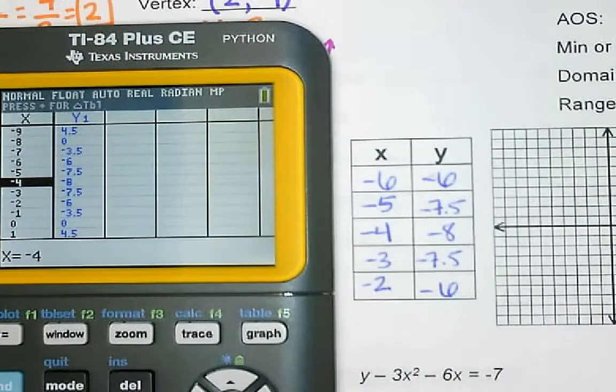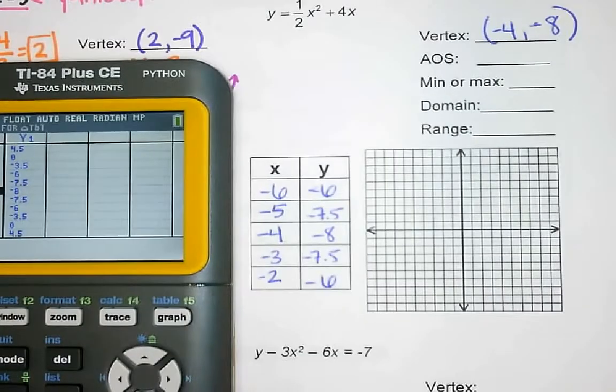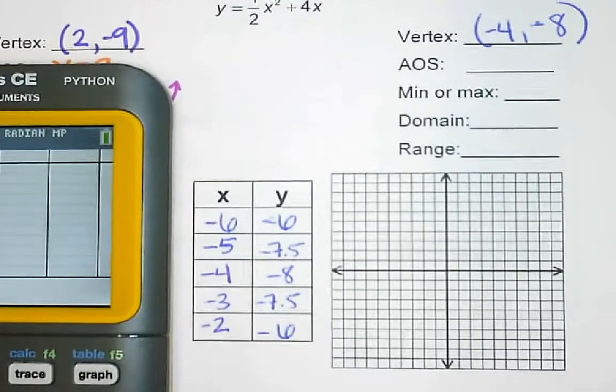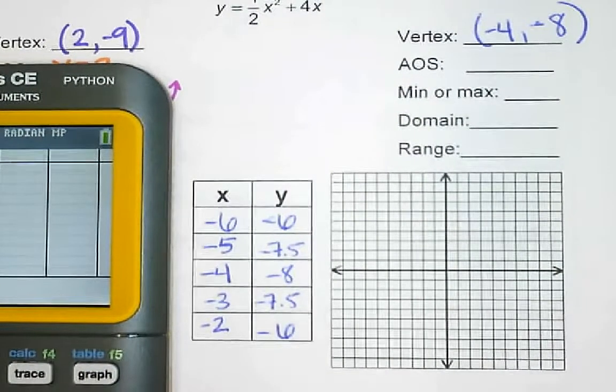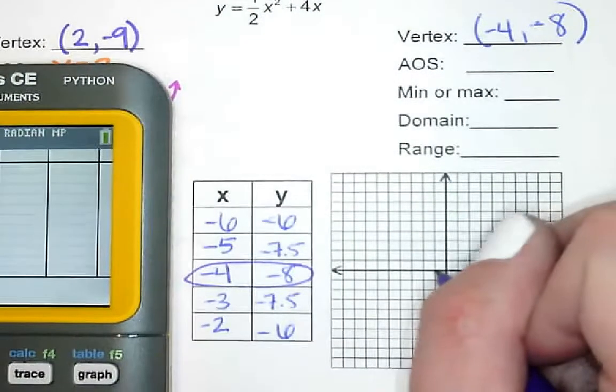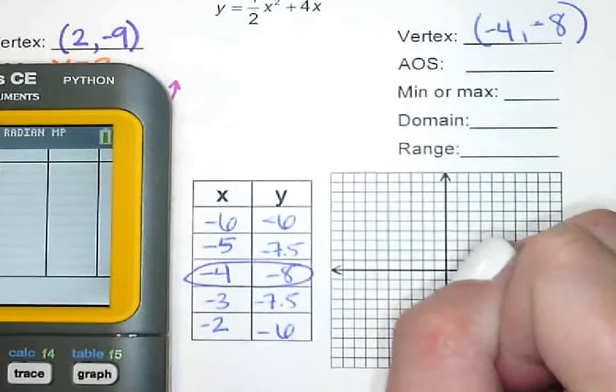All right, guys? So check this out. What is my axis of symmetry going to be? If my vertex is negative 4, negative 8, that's the vertex, and we can graph that. What is my axis of symmetry?